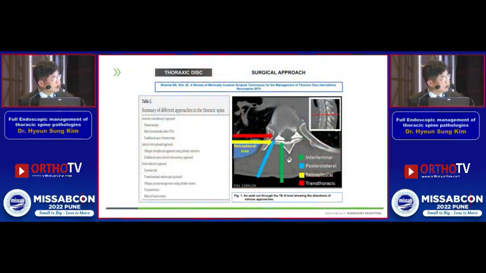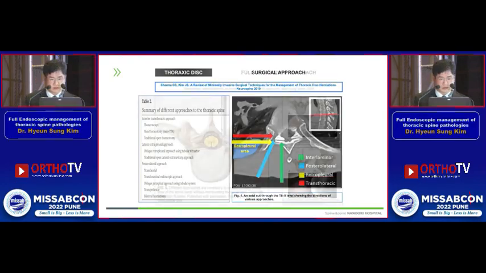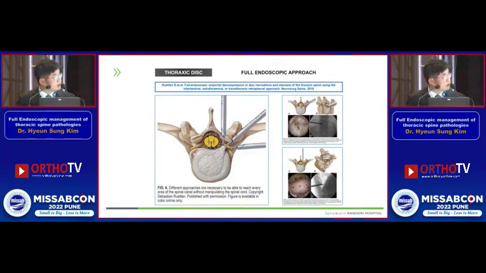Currently implemented full endoscopic approaches include this paper published by Saga, on intralaminar, posterolateral and retropleural thoracic approaches, and also this paper published by Dr. Rehabilitation.